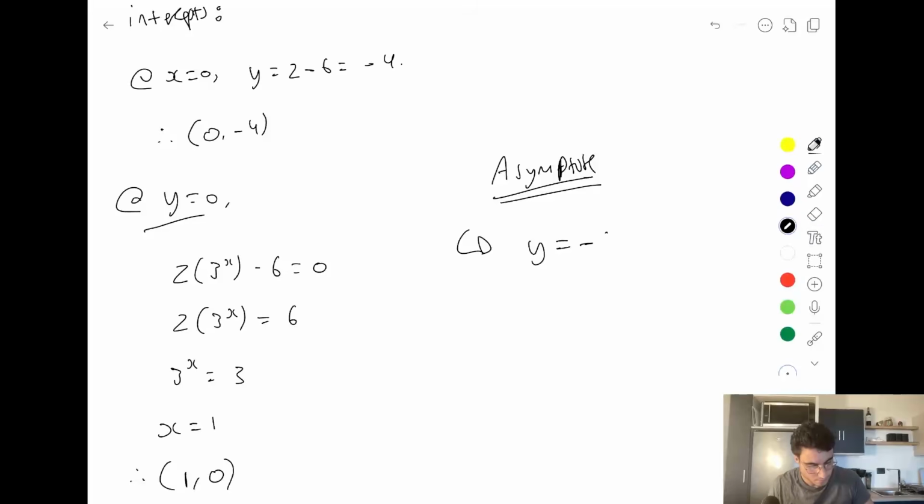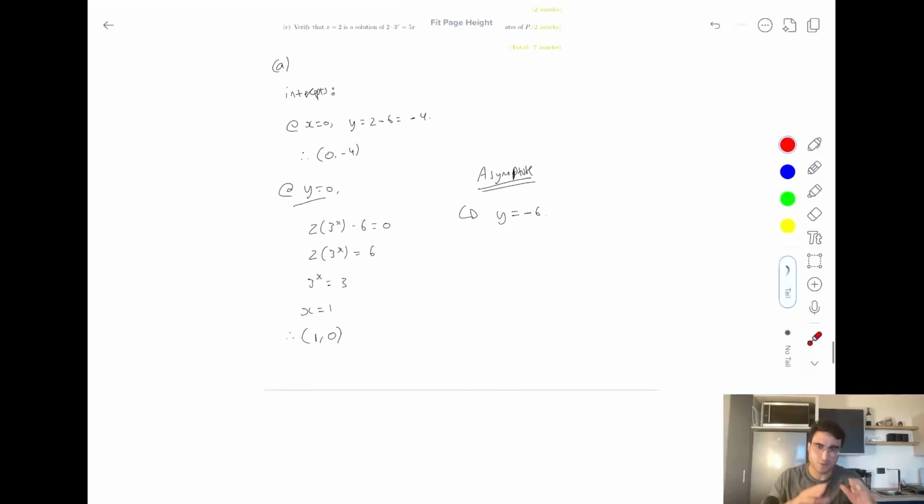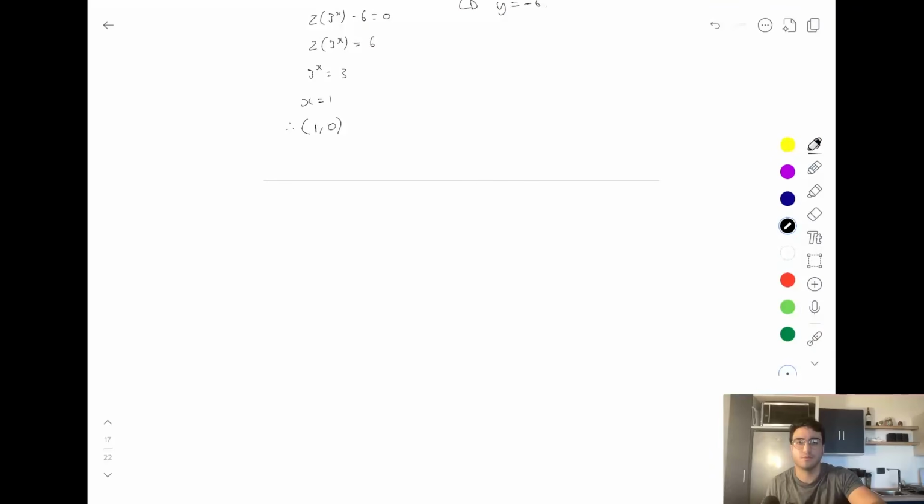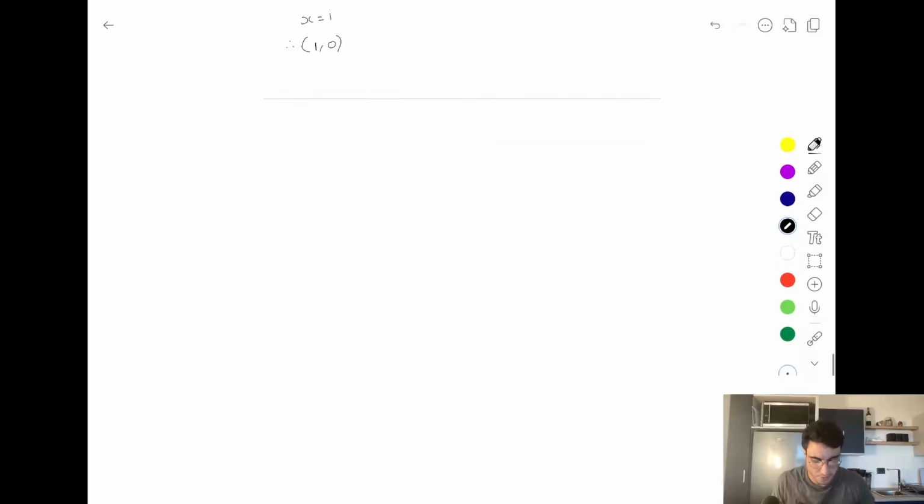So now I've got the building blocks for my graph. So let's put this on an axis, because they all come to life now. So putting this on a graph, guys, I want to be meticulous with this.